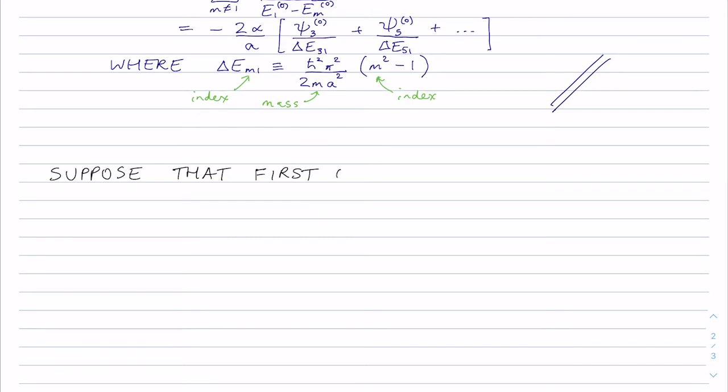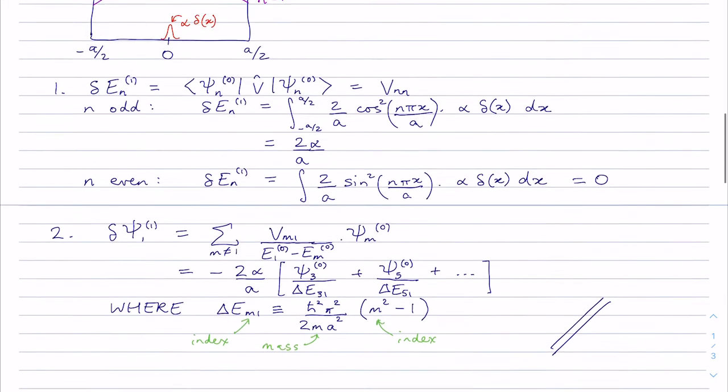So suppose that the first order correction to the energy vanishes, i.e. V_nn equals 0. We've seen an example of that just now.